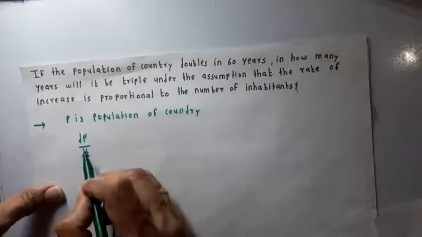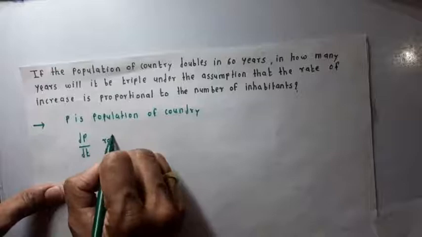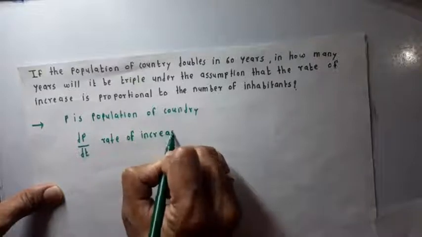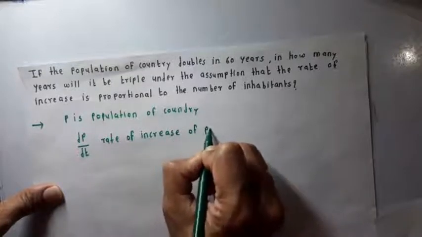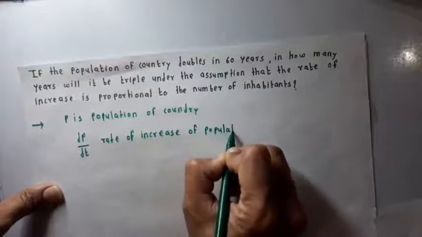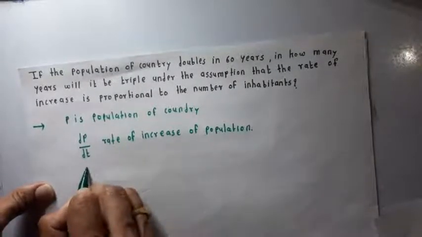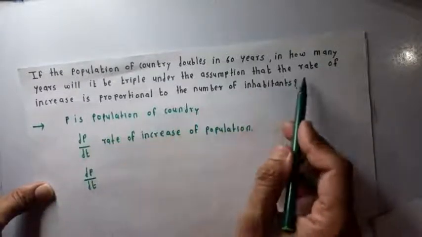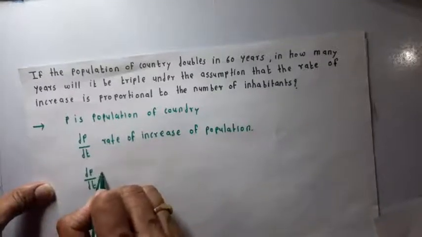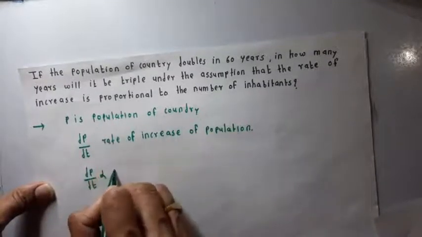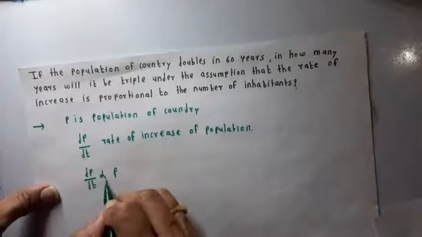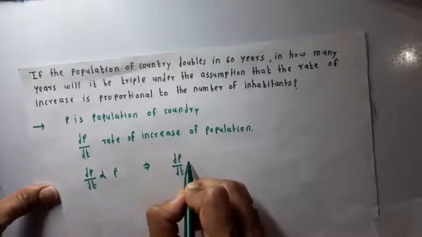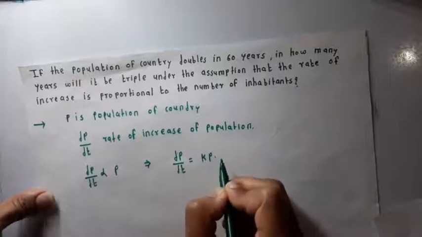The rate of increase of population is directly proportional to the number of population, that is directly proportional to P. Hence dP by dt is directly proportional to P. This implies dP upon dt equals KP, where K is the constant of proportionality.